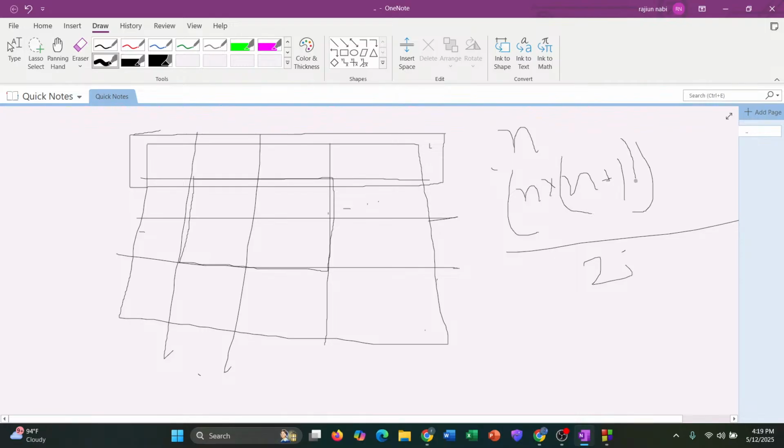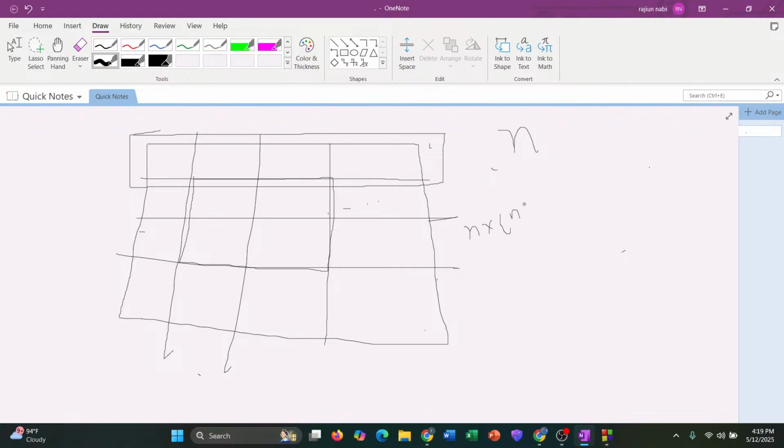So how many subgrids are possible from a grid? Each combination, n into n plus 1 divided by 2, will again have n into n plus 1 divided by 2 combinations.